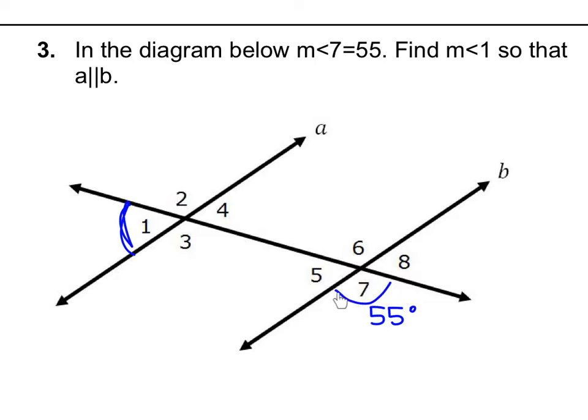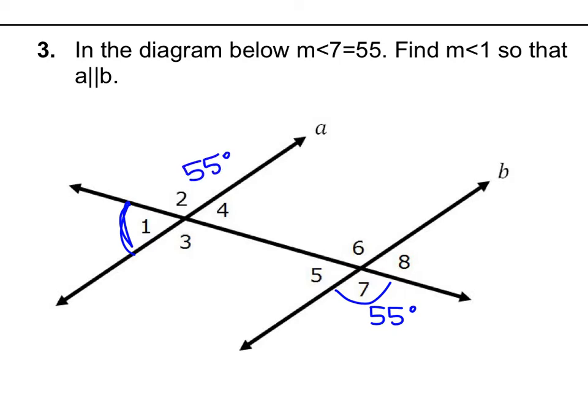We have this exterior angle on the outside of our transversal and parallels. It's 55 degrees. We know that alternate exterior angles, okay, so 7 and 2, would be congruent. So make a note of that. 7 and 2 have to be congruent, making 2 55 degrees as well.